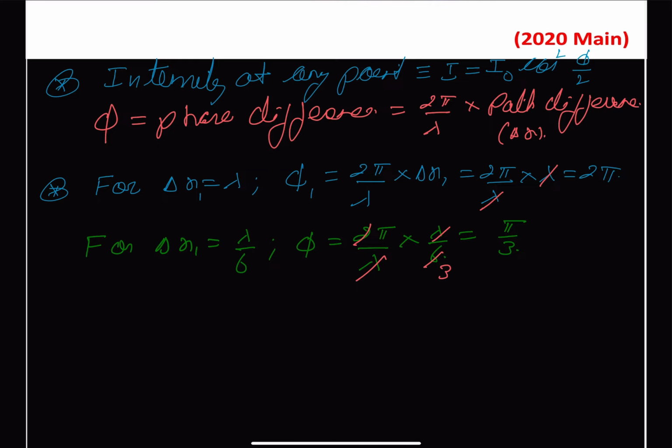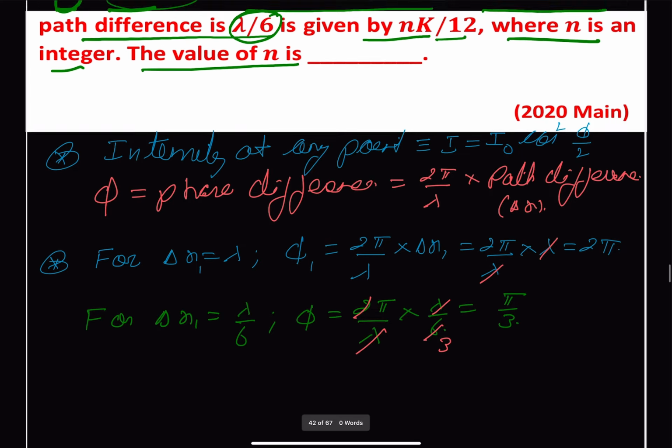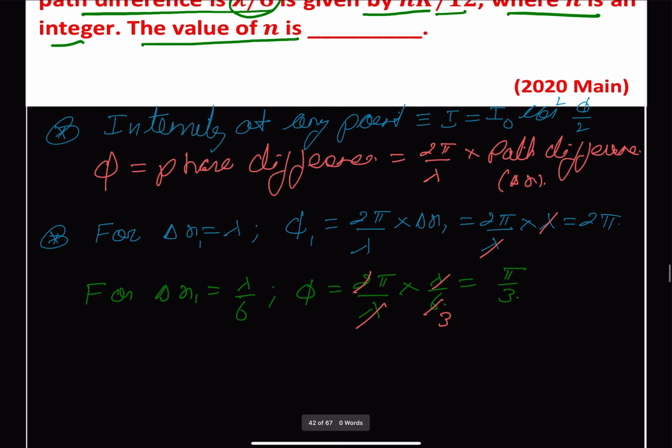This is our phi 2 and this is our delta x2. Let us call this equation number 1. So we can say from equation 1 we can find out the intensity.